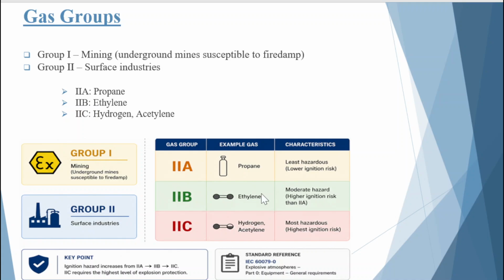So, in terms of increasing hazard, the order is IIA, then IIB, and finally IIC, with IIC requiring the highest level of protection. In the next slide, we'll learn about temperature classes and understand why controlling the surface temperature of electrical equipment is just as important as preventing sparks.